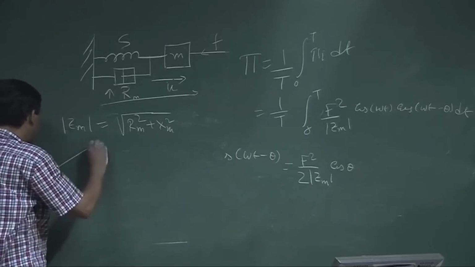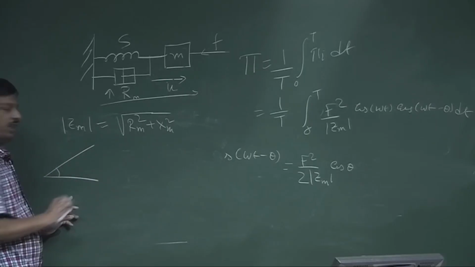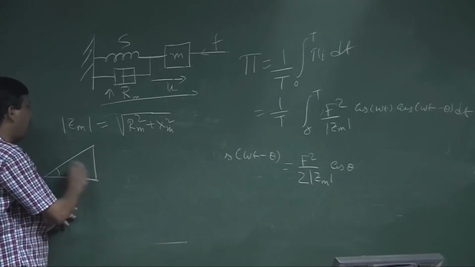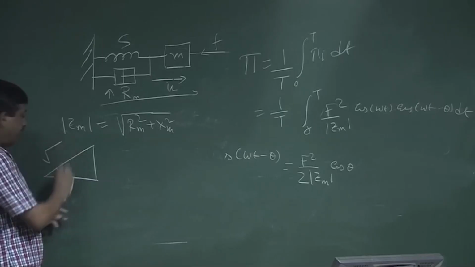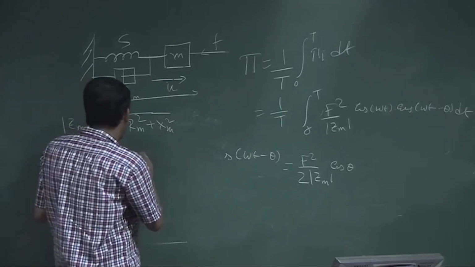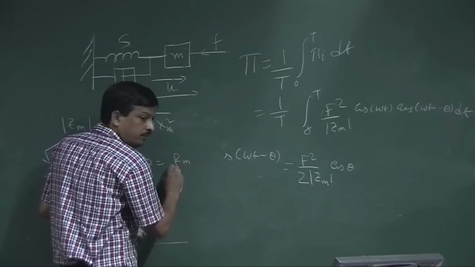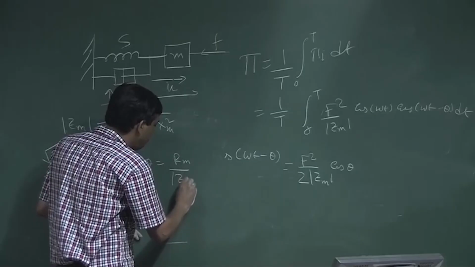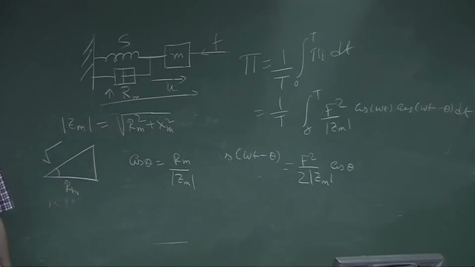So, theta is the angle between the force and velocity, which has a hypotenuse, that hypotenuse is mod of Zm, and the base is nothing but Rm. So, cos theta is nothing but Rm by mod of Zm.